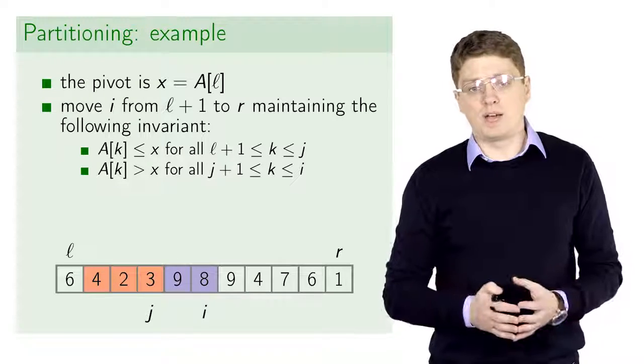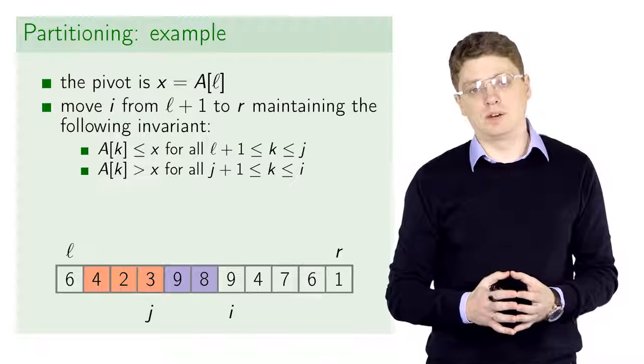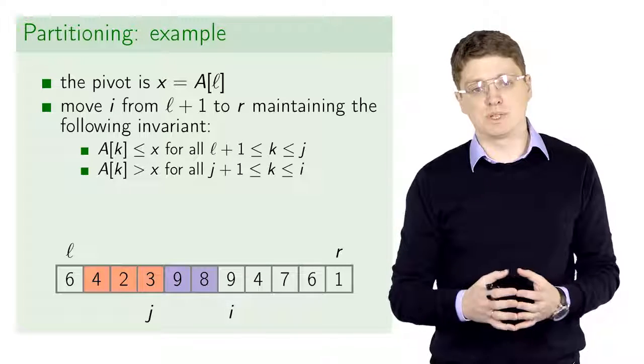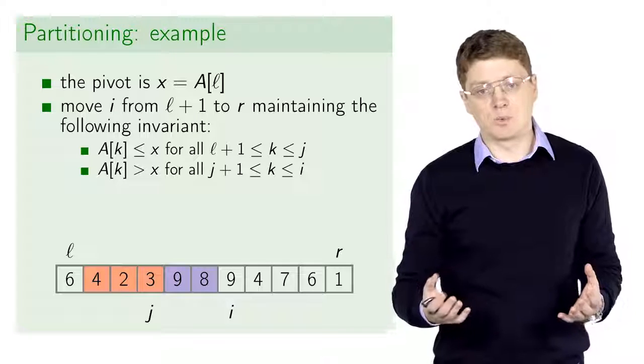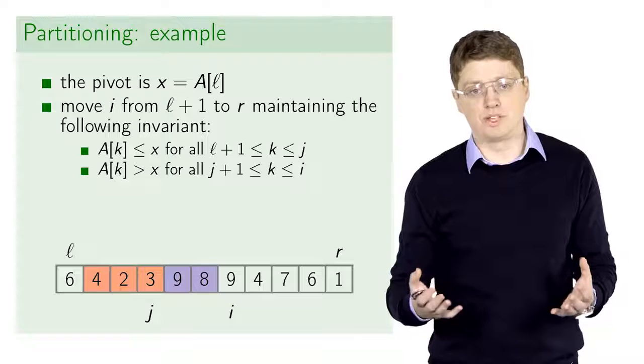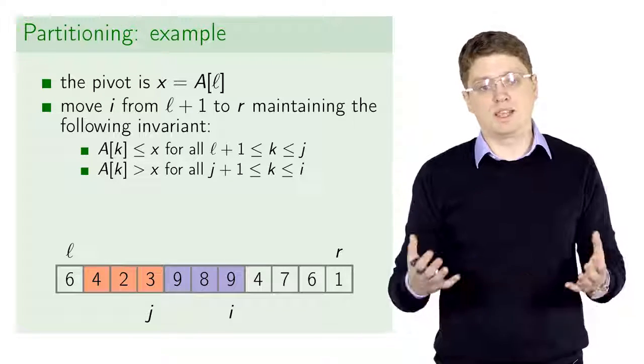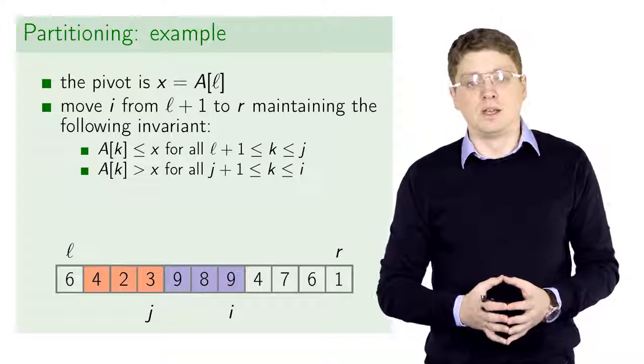Now we move I to the next position, and we discover the element 9. This element is greater than 6, so we just need to extend the second region, the blue region, the region of elements that are greater than 6. So in this case, we just do nothing.